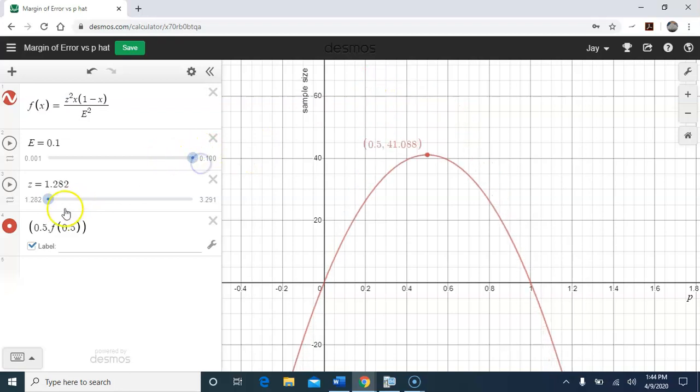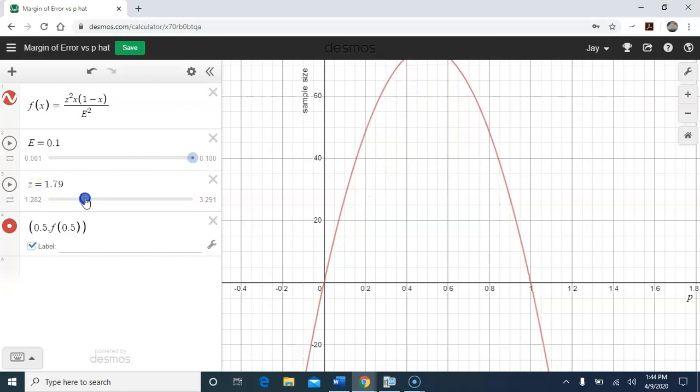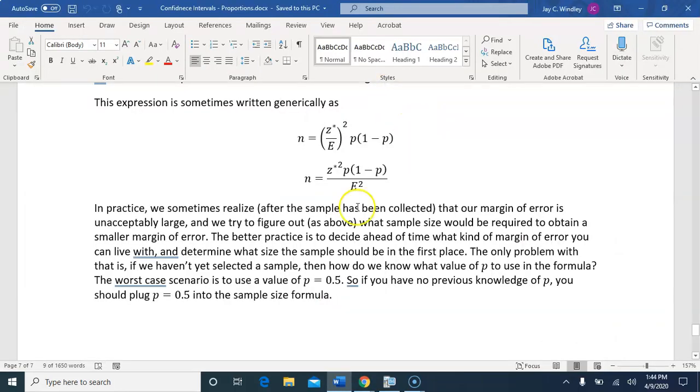I can also change my value of z. Instead of 1.282, I could have a bigger z. And that changes the height of the parabola, but it does not change that the peak happens at a value of p of 0.5. So worst case scenario, if you don't know what p is, plug in 0.5 in place of p and use that.